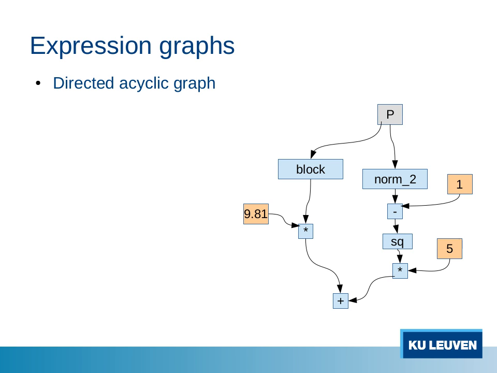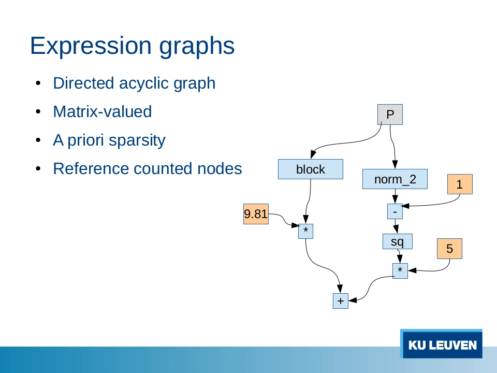Our graph has arrows always pointing in the same direction and no cycles. The nodes are matrix valued, and they also have some sparsity, and the sparsity needs to be known at construction time. It's implemented with reference counting.